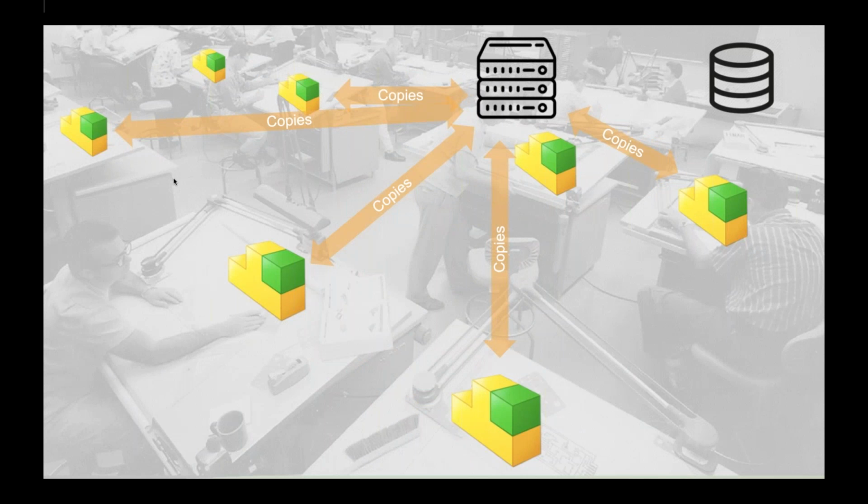Really what we did to solve this as an industry, until the last few years, of course, which is what we're going to talk about today, is just duplicate the drafting room into a digital transformation. We transformed from a paper process and took that same exact process and put it into the computing world, where the file cabinet became the file server.